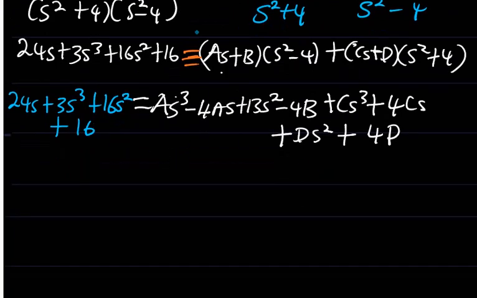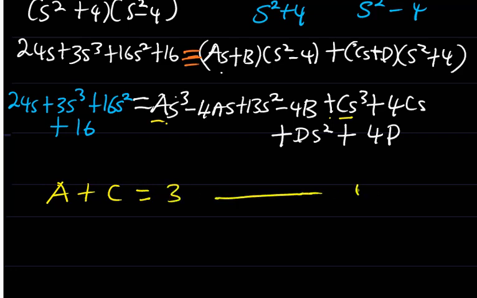So what I would do in this regard is, of course, the coefficient of s cubed, which of course is a plus c. Yes, the coefficient of s cubed is a plus c. So invariably a plus c is equal to 3. I call that equation 1.